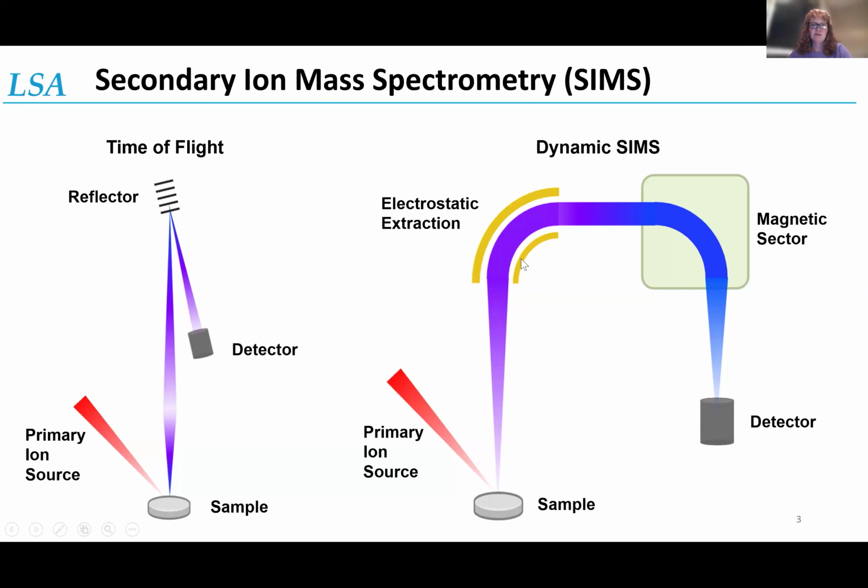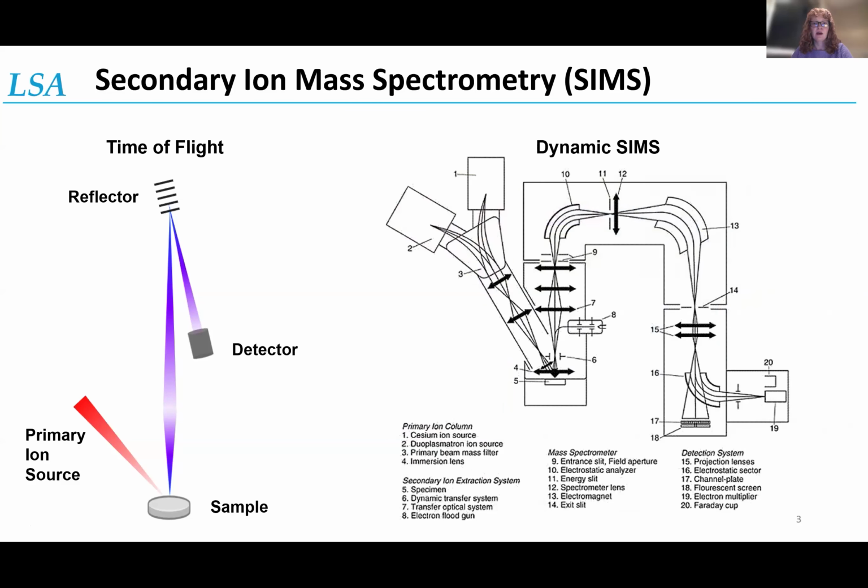With nano SIMS, which is also magnetic sector, you can measure up to 7 masses simultaneously in 7 different detectors. With dynamic SIMS, we also have an awful lot more lenses in place. We've got several lenses down the primary column and the secondary column, which all need aligning to be able to get the secondary ions to the detector to be able to measure them.